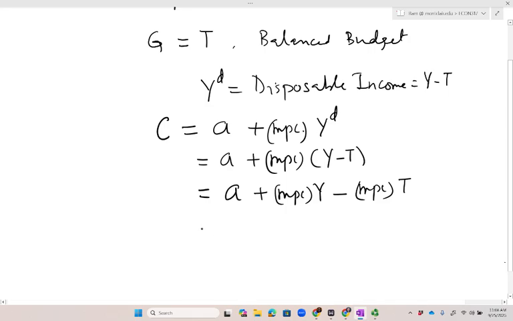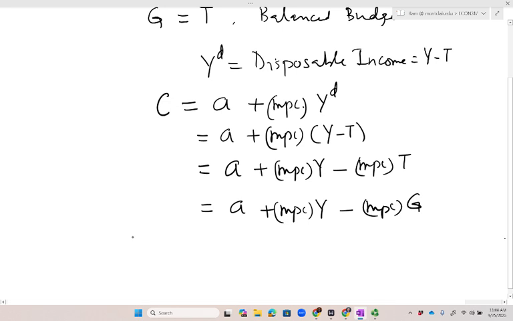And we also know taxes are equal to the government expenditure. So maybe I will write it here itself. So I have got MPC times Y minus MPC times the government expenditure G. That's our household consumption. Now let's write down the aggregate expenditure being sum of C plus private investments plus government expenditure plus net export.